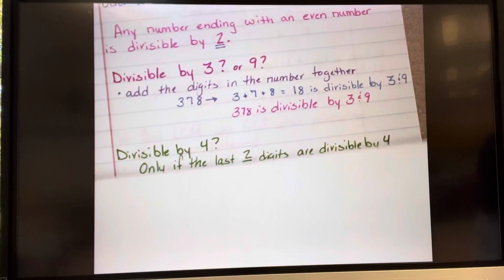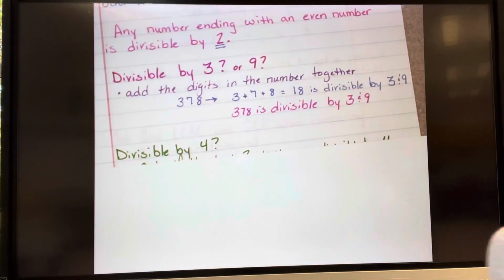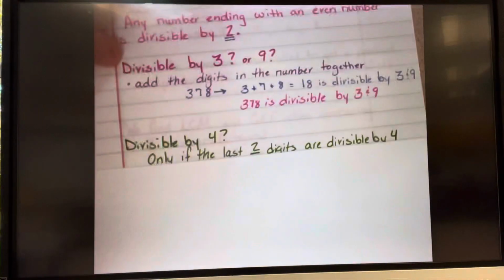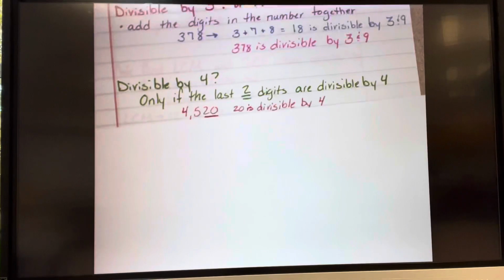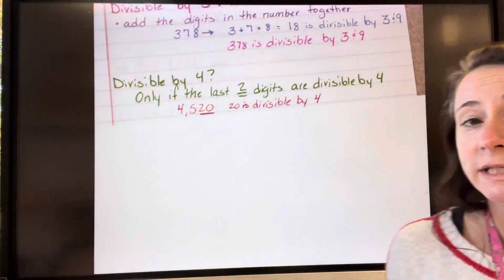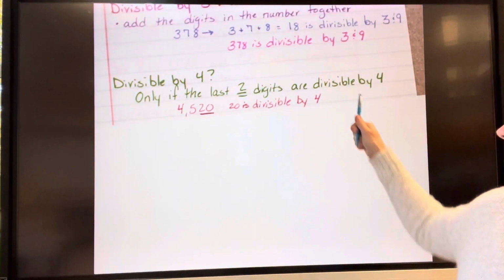Then the next rule is, how do we know if it's divisible by 4? Well, what you do is you look at any number. It is only divisible by 4 if the last 2 digits are divisible by 4.